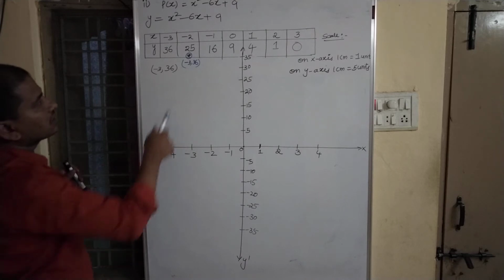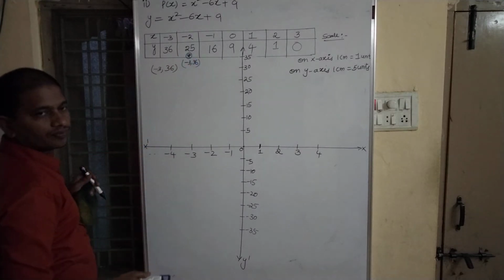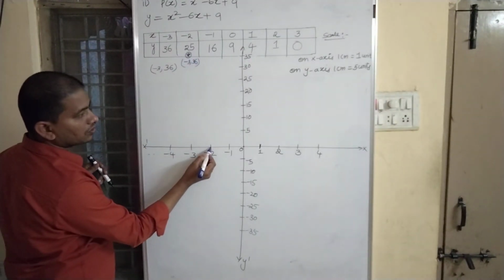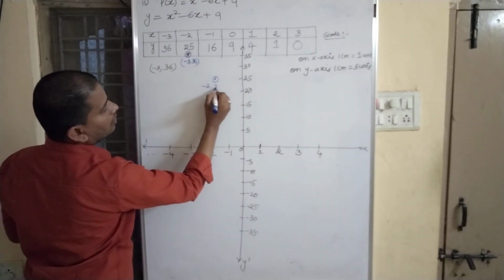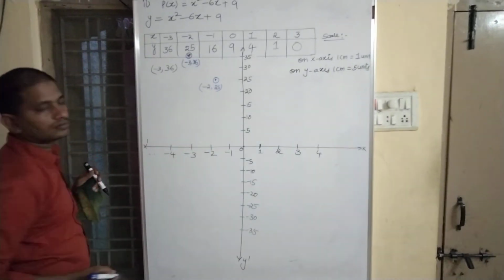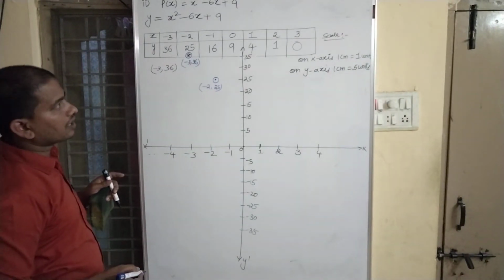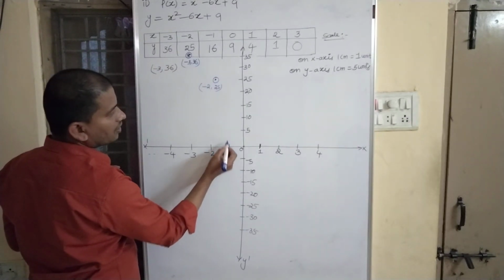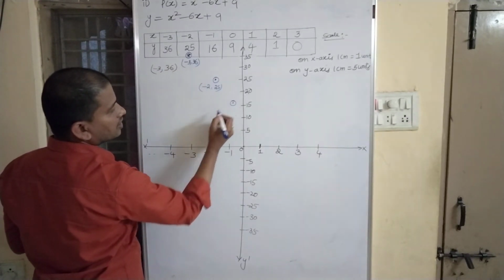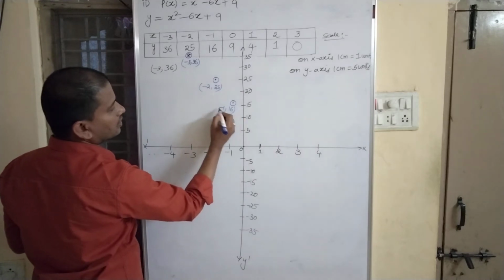The second point is minus 2 comma 25. On the x-axis minus 2 and on the y-axis 25. Next, minus 1 comma 16. On the x-axis minus 1 and on the y-axis 16.